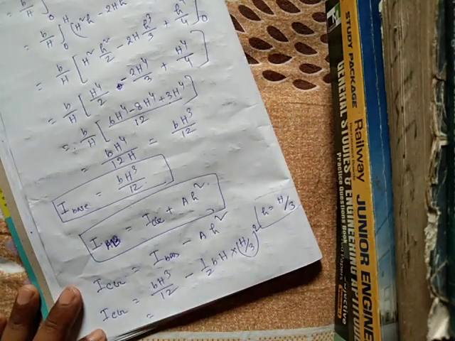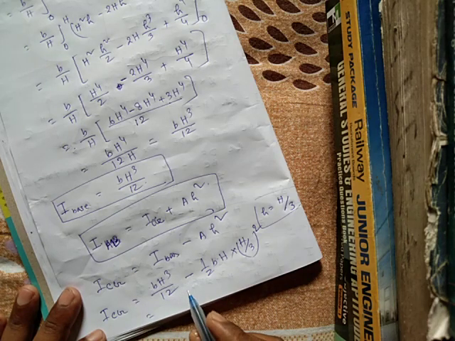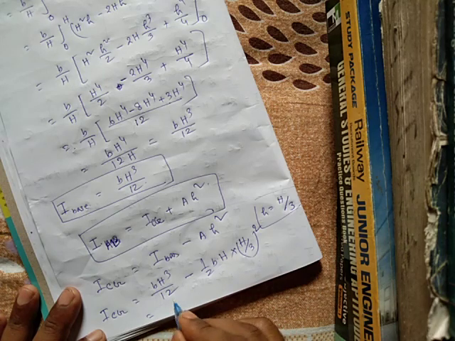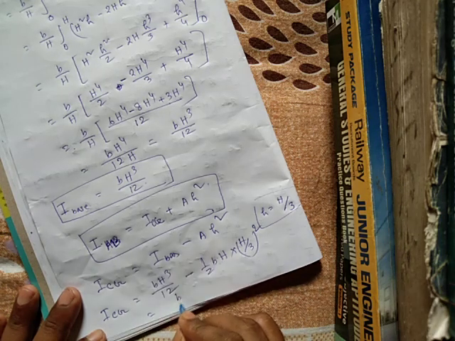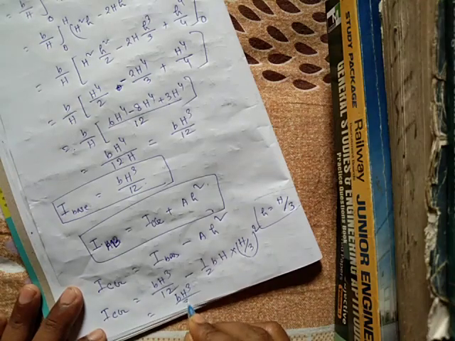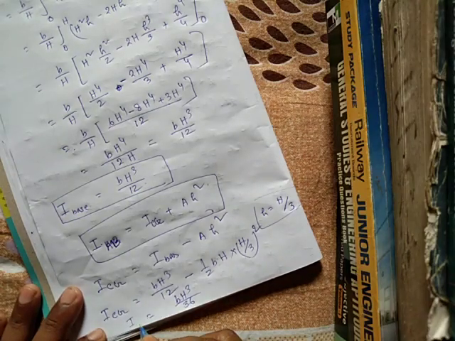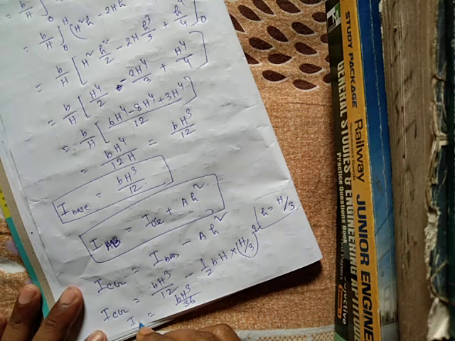Simplifying, the total moment of inertia about the CG will be b H cube divided by 36. This is the moment of inertia about the CG of the triangular section.